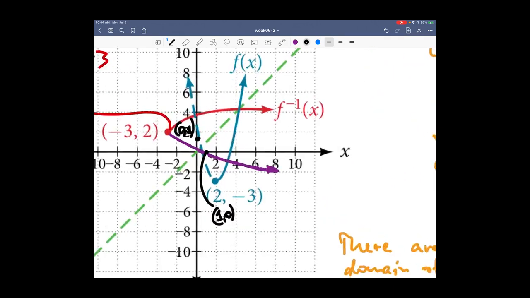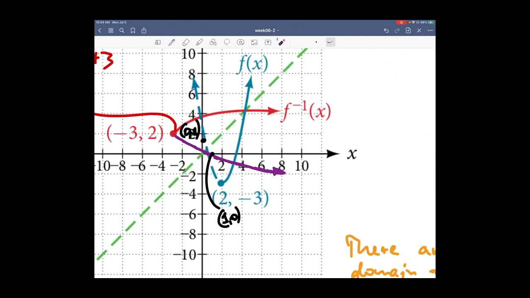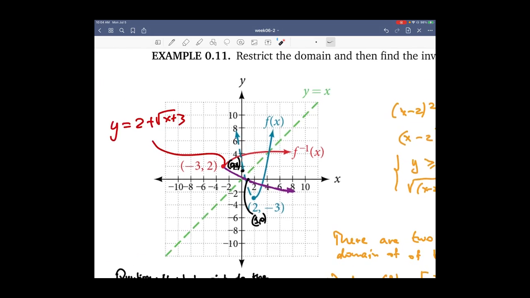There are two such points. There's one point here, and there's another point here. It would be nice if we could find their coordinates. It's an interesting question. Think about it.